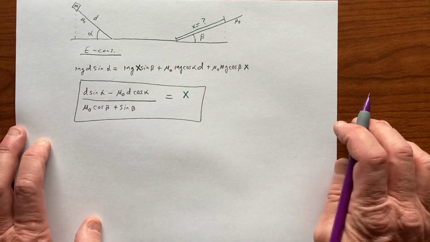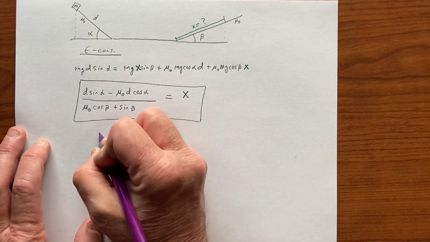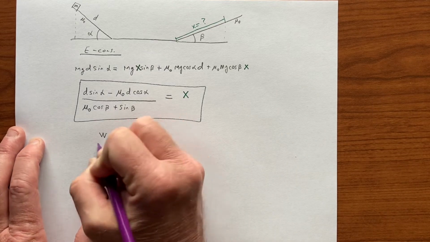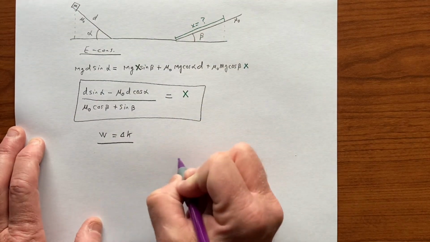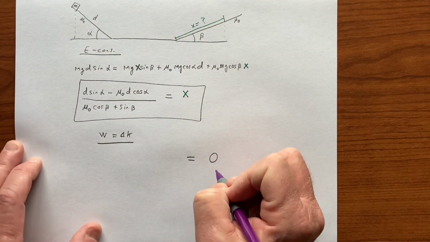And if we think of this from the perspective of work equals delta k, then initial kinetic is 0, final kinetic is 0, so delta k is 0.